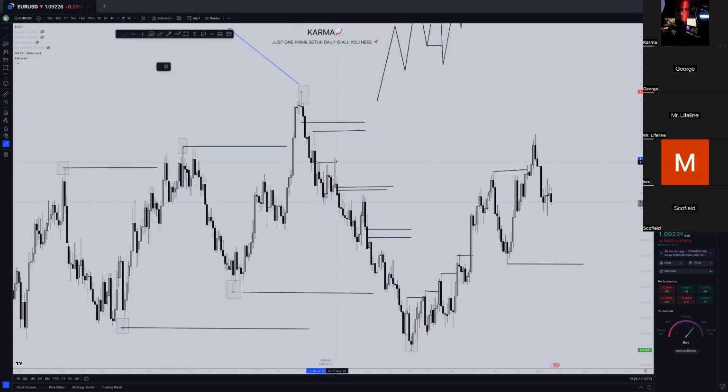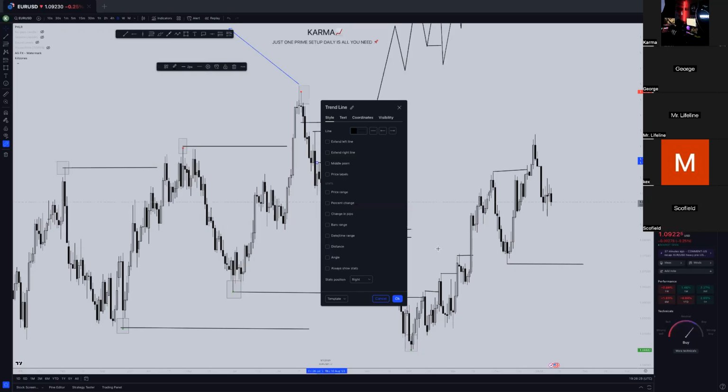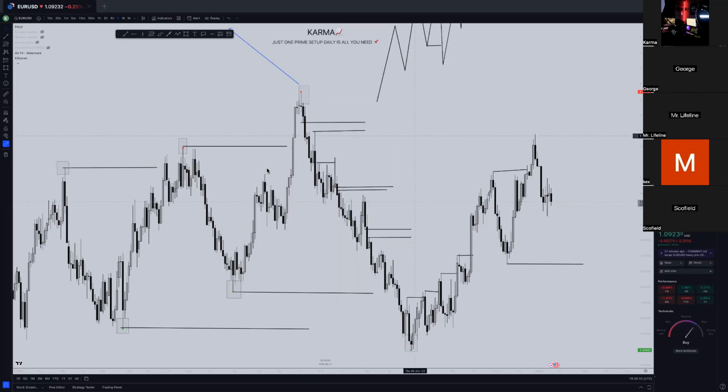Listen attentively. It took out this high that created this low and it breaks. So now, this one right here also took out this high.